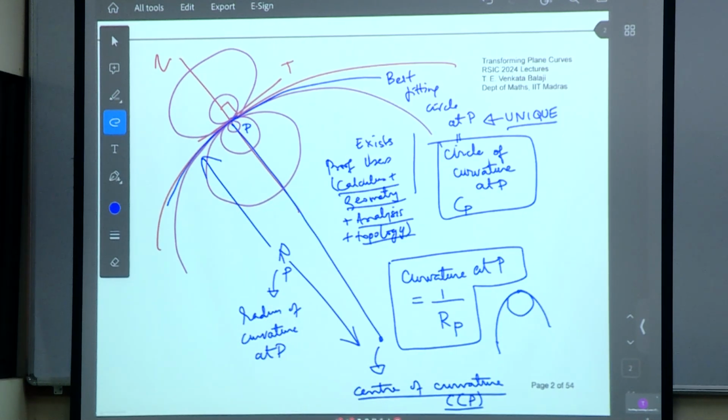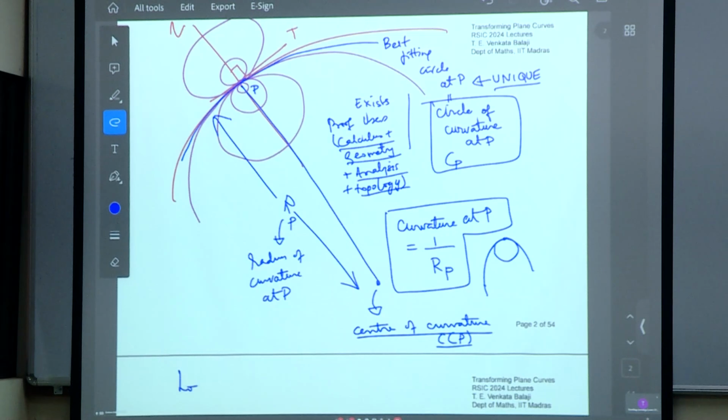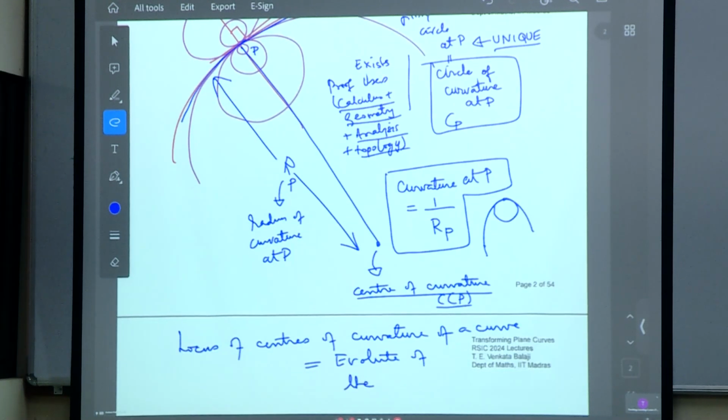So this locus of centers of curvature is what is called the evolute of the curve. The locus of centers of curvature of a curve.